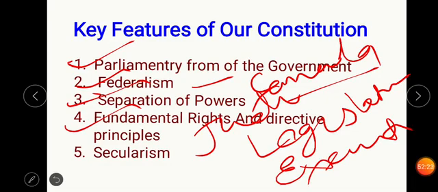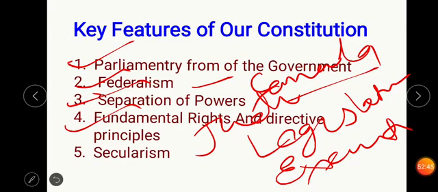Now we will talk about the DPSP, that is the Directive Principles of State Policy. As we know, it is adopted from the Irish Constitution and based on the concept of a welfare state. India is a welfare state because the DPSP deals with that.